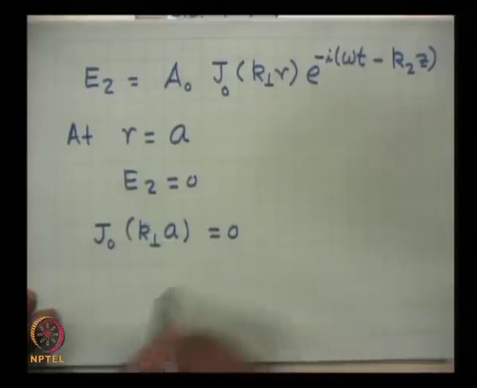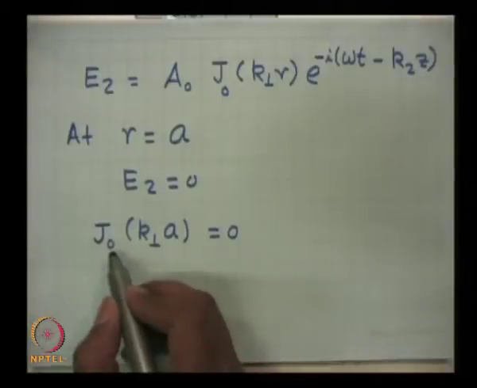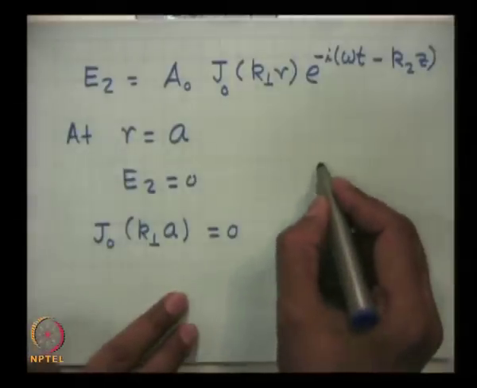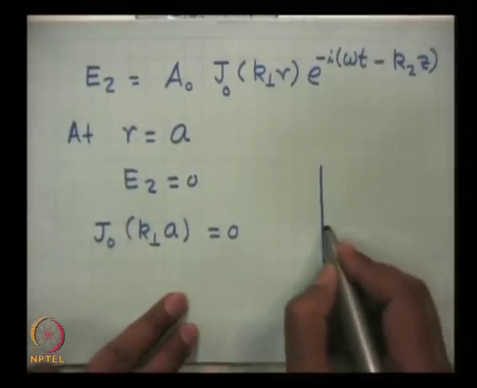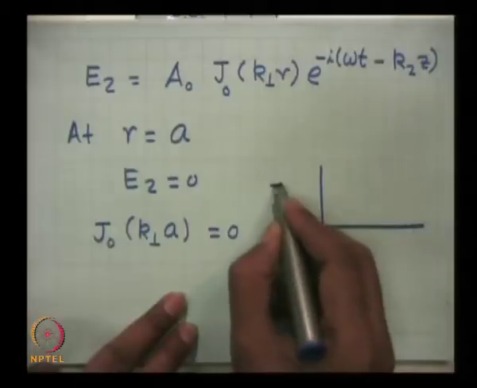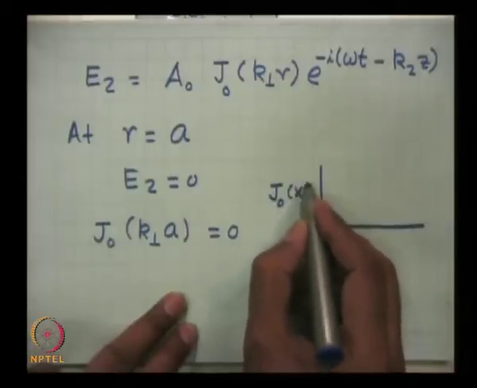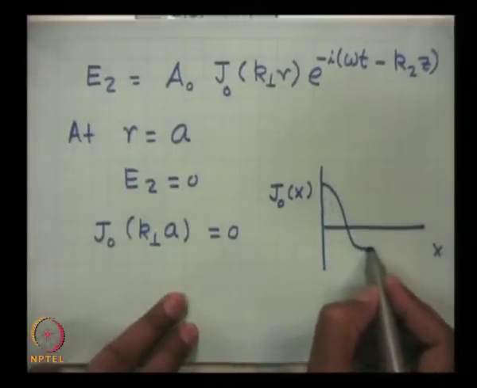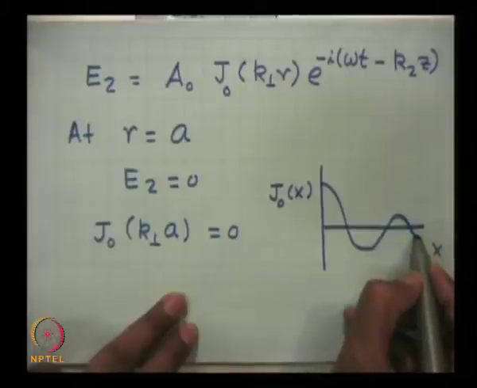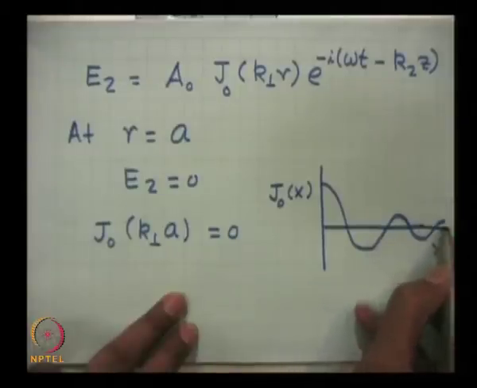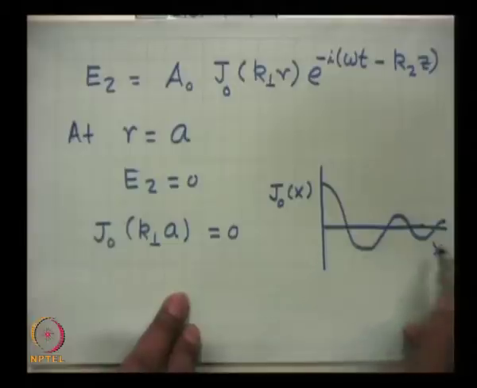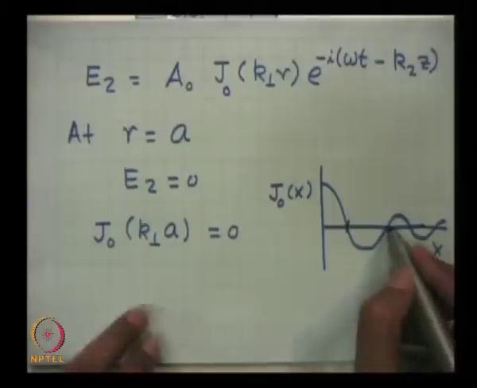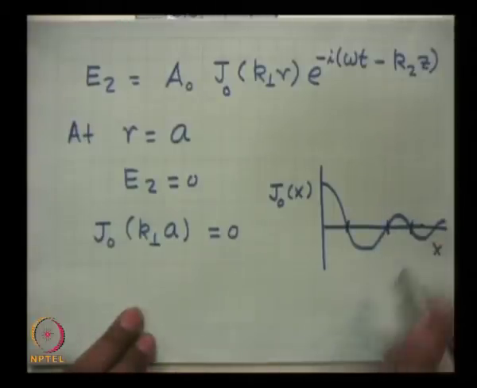must be 0. But if you plot J0 as a function of its argument, suppose I plot here J0 of some argument x as a function of x, it goes like this. Means it is 0 at many values of x. This is called the first 0 of x, the second 0 of x, third 0 of x.